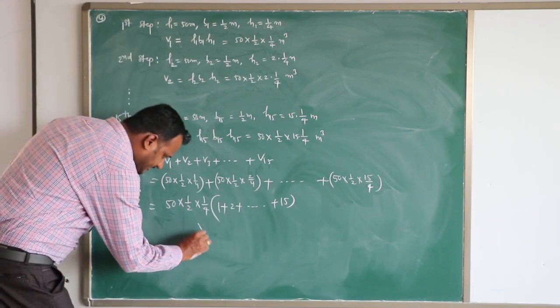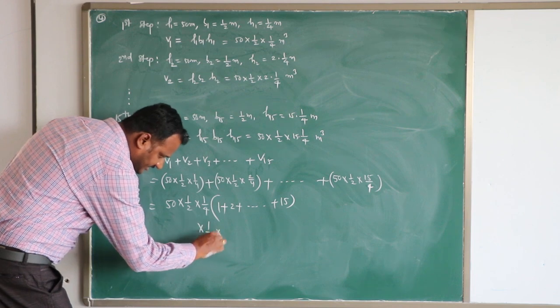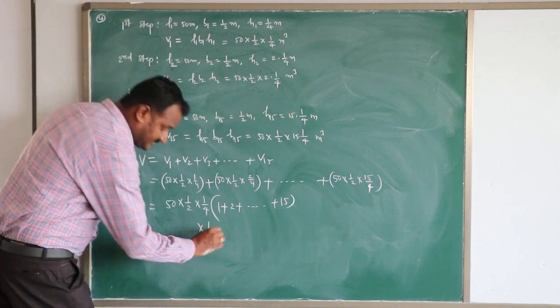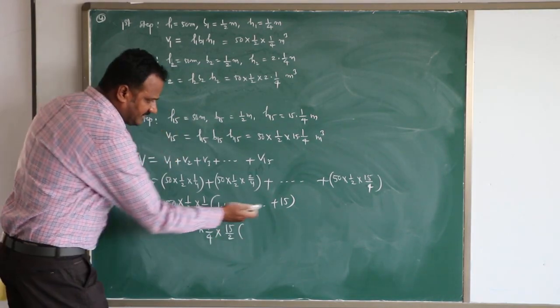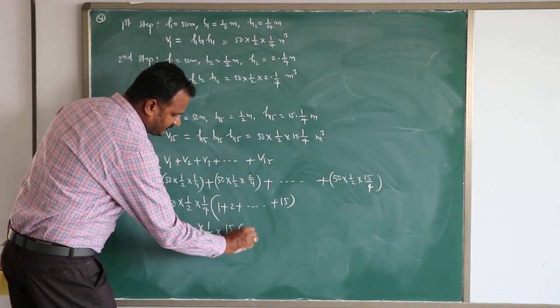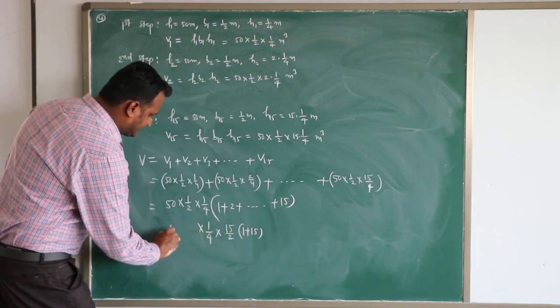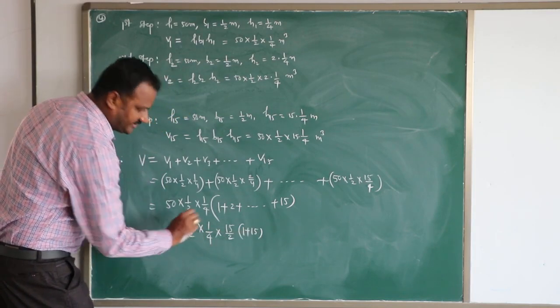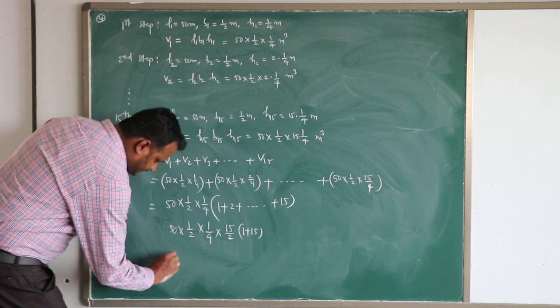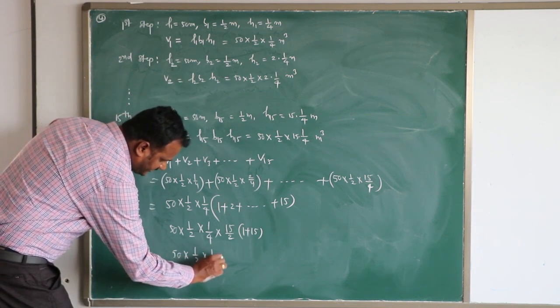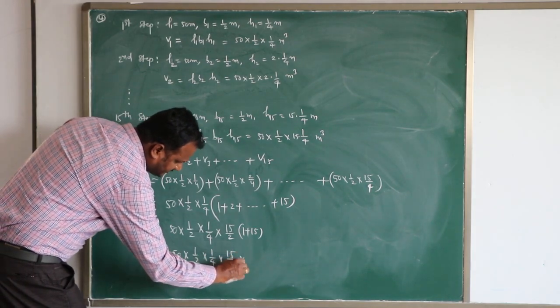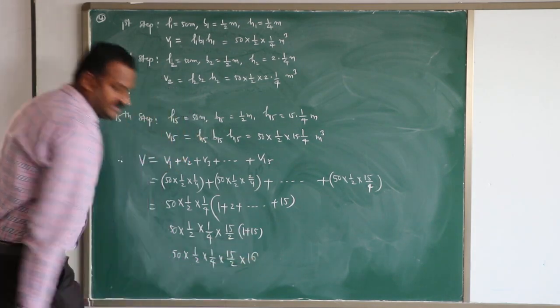So the sum of the first 15 terms is what? 1/4 is already there. Sum of the first 15 terms is n/2 times (a plus an), meaning 15/2 into (1 plus 15), and the terms before that, 50 into 1/2 into 1/4 into 15/2 times 16.